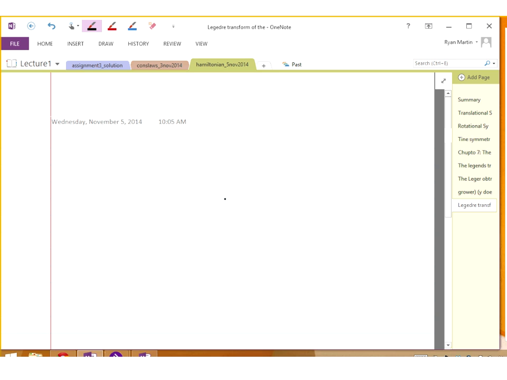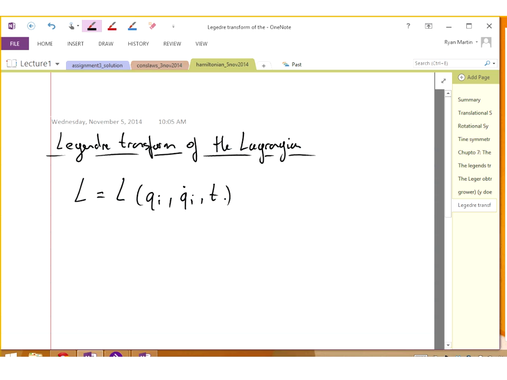The Lagrangian L is a function of the qi, qi dots, and t. So let's choose the qi dots as the active variable, and we'll leave the qi and the t as passive variables.